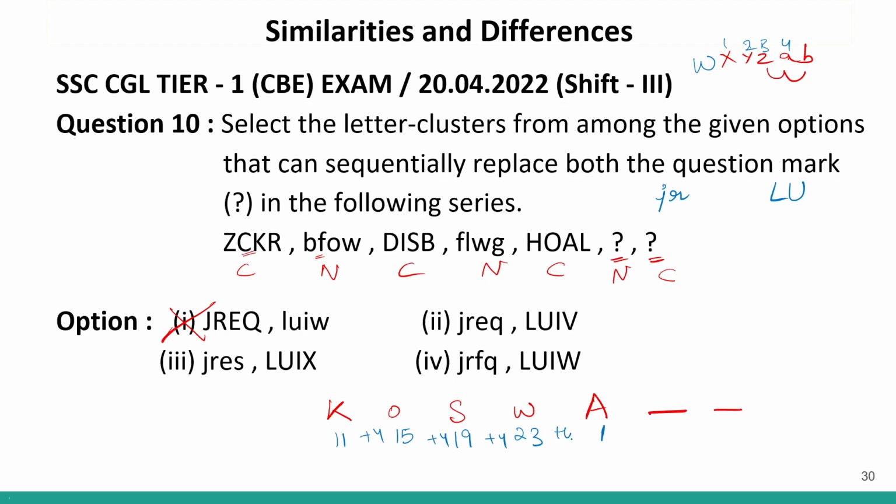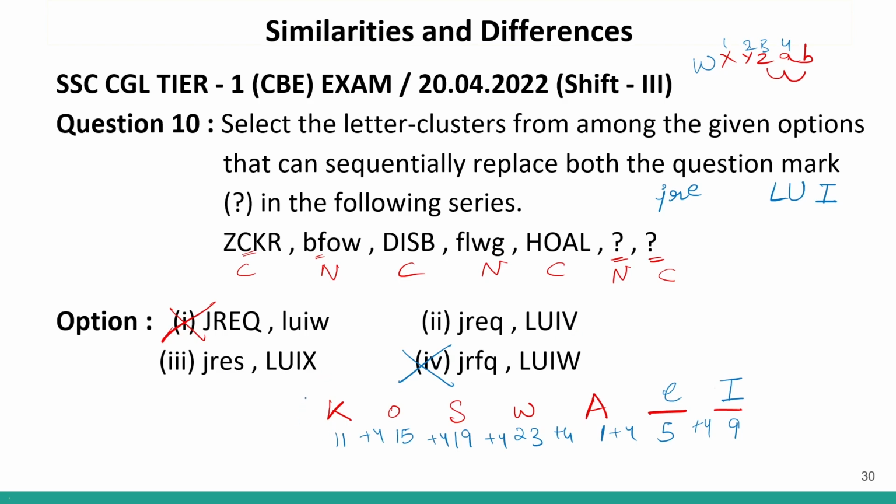So plus 4. So if I go plus 4 here, I'll get the 5th rank, which is E. Correct? And plus 4 here, I'll get the 9th rank, which is I. So this will be E and this will be I. So out of the given options, I can eliminate option number 4. Over here, we have GREQ and LUIV and GRES and LUIX.